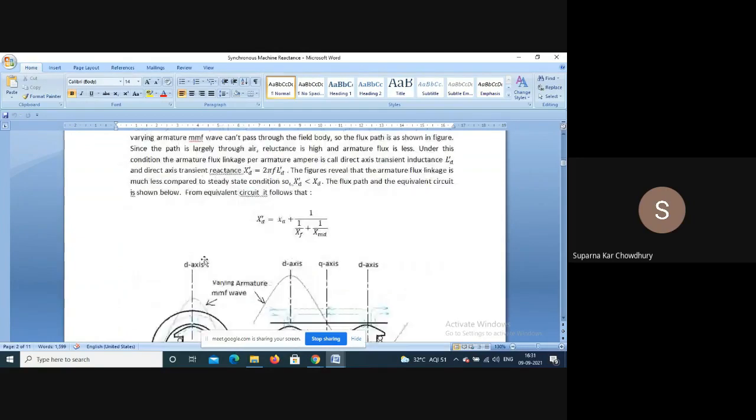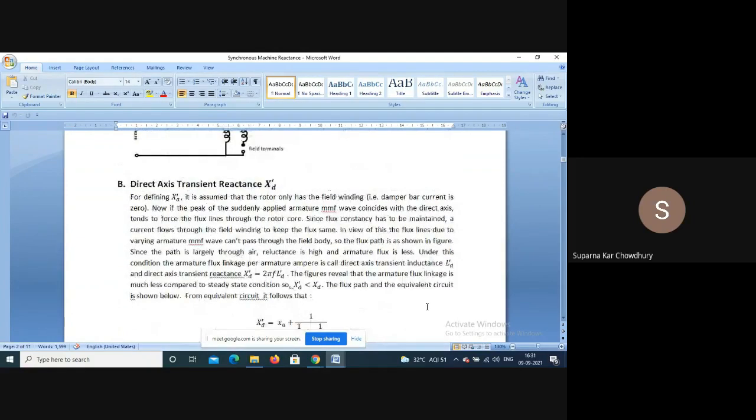For this the field will draw more current so that it can keep the flux linkages constant. So the field will appear to be closed. The flux due to the varying armature MMF wave cannot pass through the field body, so the flux path is shown in the figures.